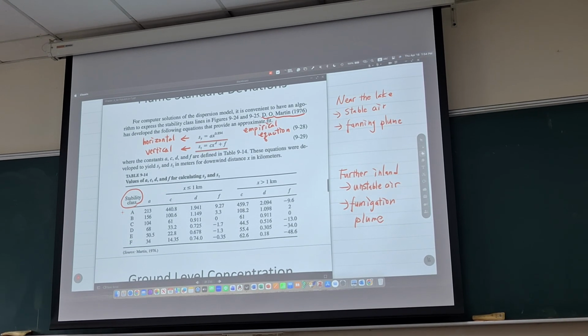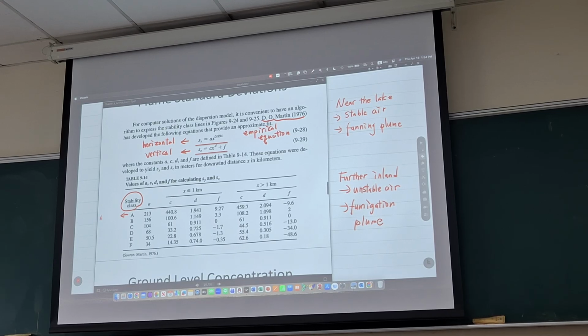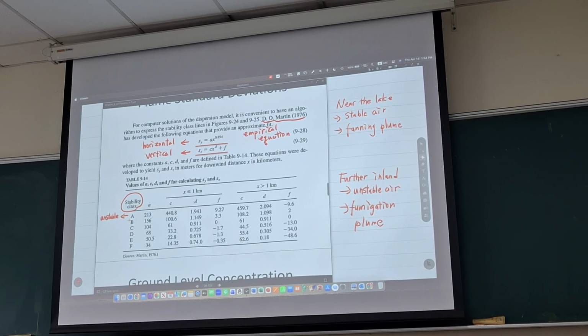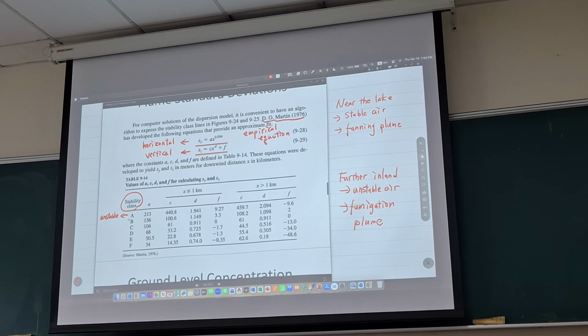Let's write this one down. The capital A, not small letter a, means very unstable.